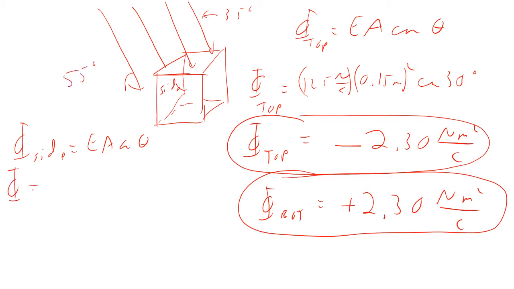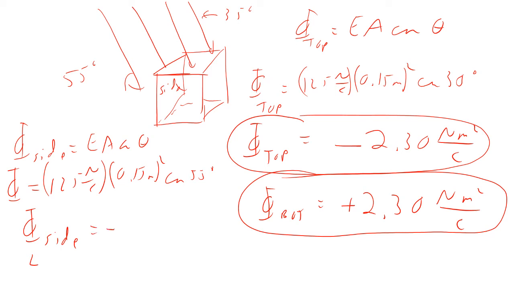So it's going to be equal to 125 newtons per coulomb times 0.15 meters squared times cosine 55 degrees. The flux through this left side is going to be a minus, because it's going in that side. Minus 1.08 newton meters squared per coulomb.